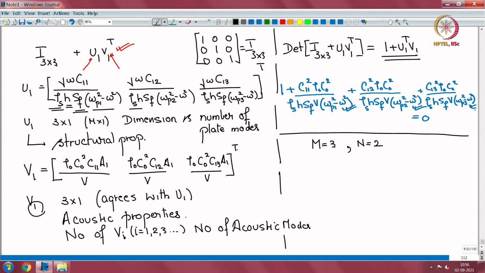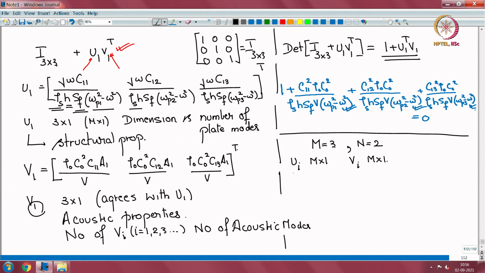So there will be U, and the U will have M cross 1 dimensions, and therefore V also will have M cross 1 dimension.